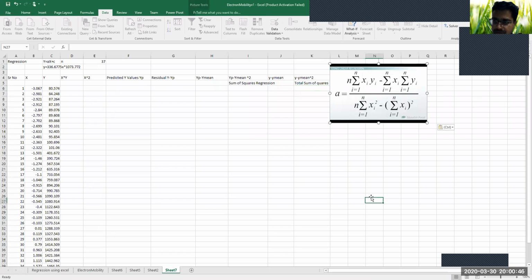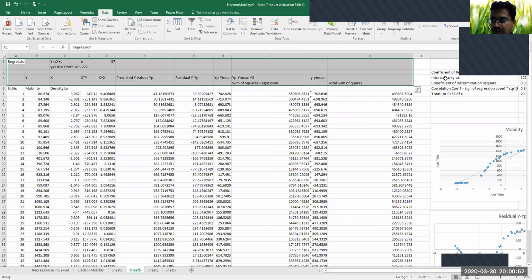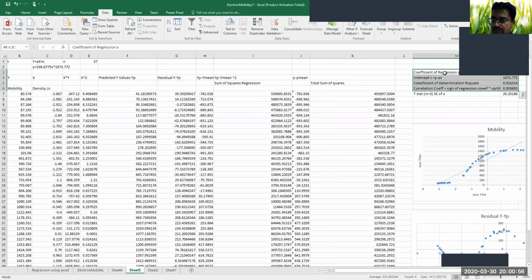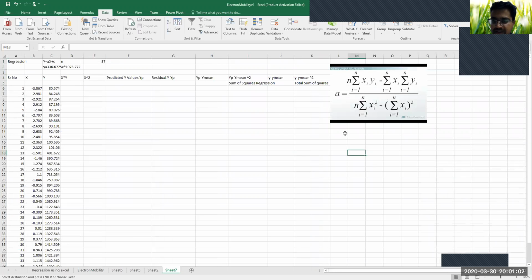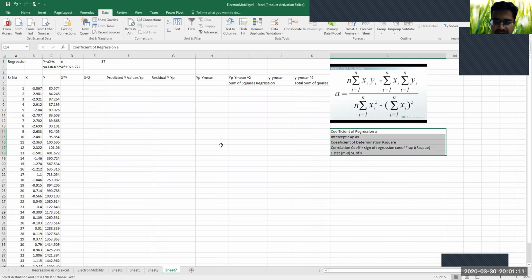I had solved the problem earlier, so I'll put some standard things that have to be calculated from this sheet. Now this sheet is ready for certain calculations. So let's understand it one by one.